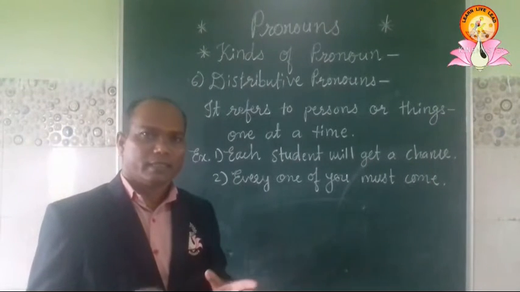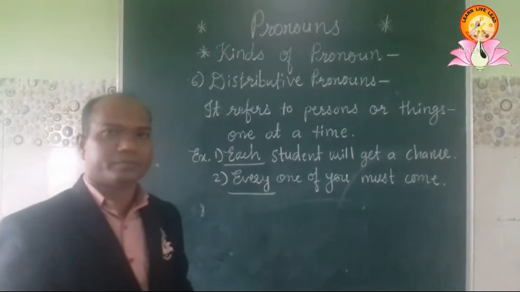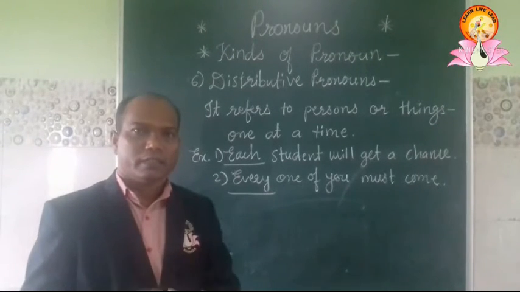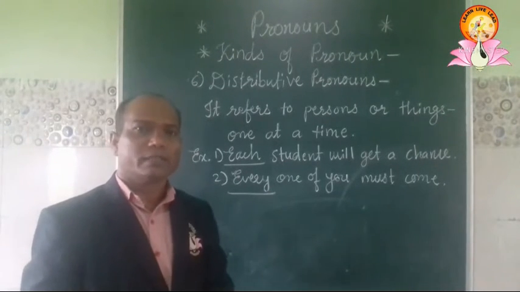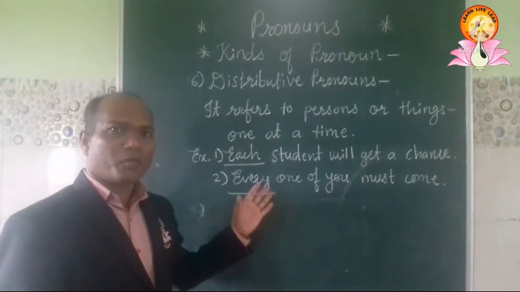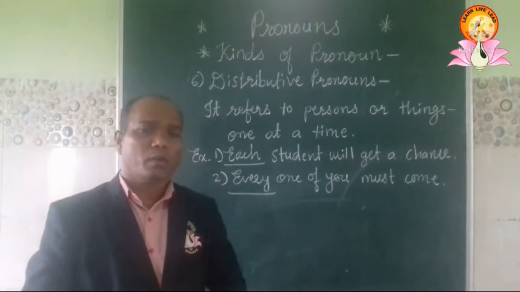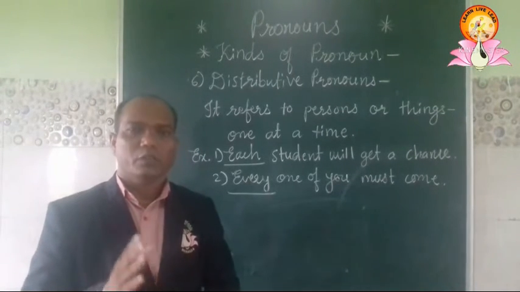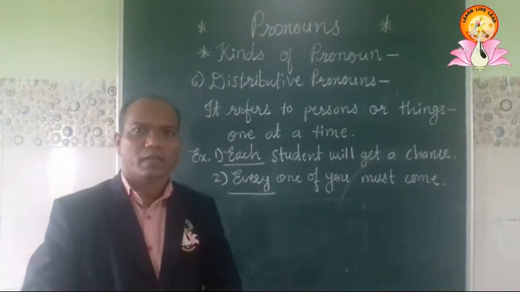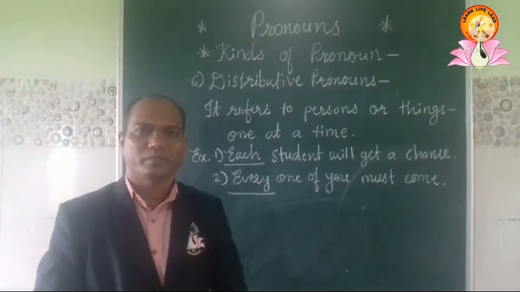In both the sentences, each and every are distributive pronouns because they refer to persons one at a time. These distributive pronouns are always used in singular form and they take a singular verb.